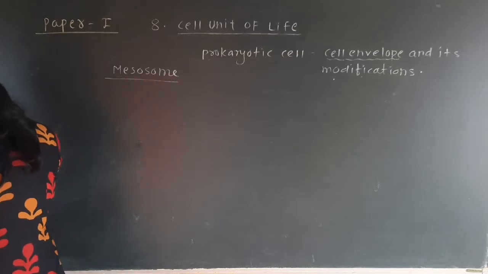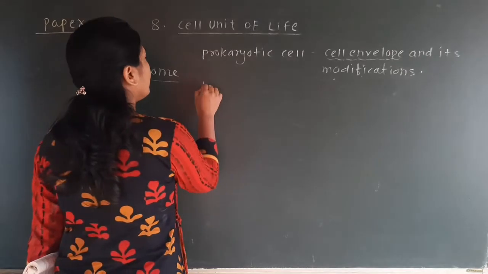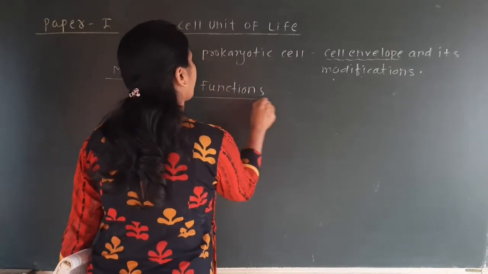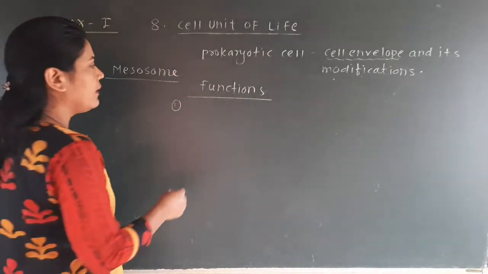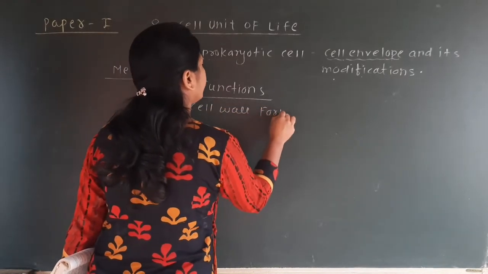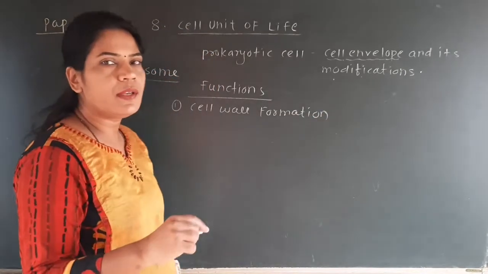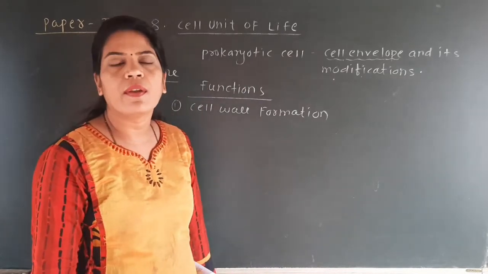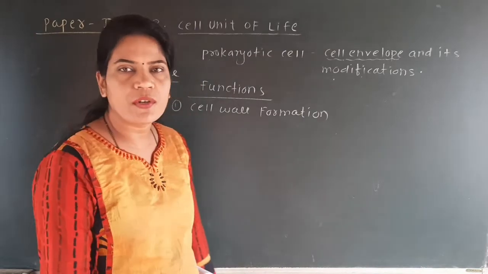The first function of the mesosome is that it is involved in cell wall formation. That means the middle covering of the cell, inner to glycocalyx or outside the plasma membrane, is the cell wall, and that cell wall is formed by this mesosome. So it is the first function.